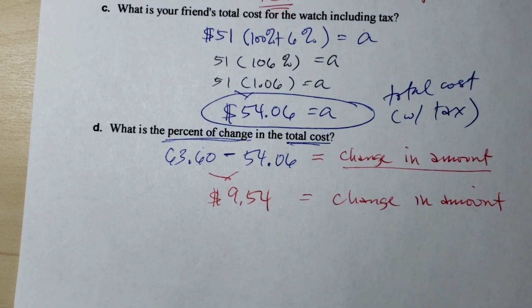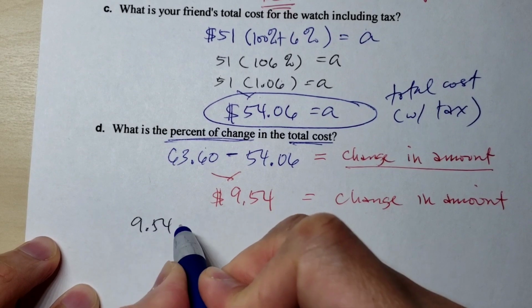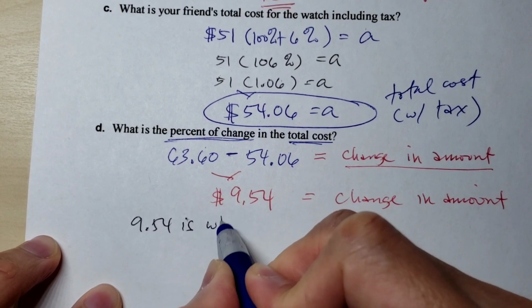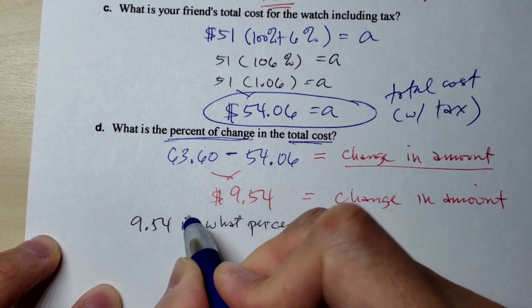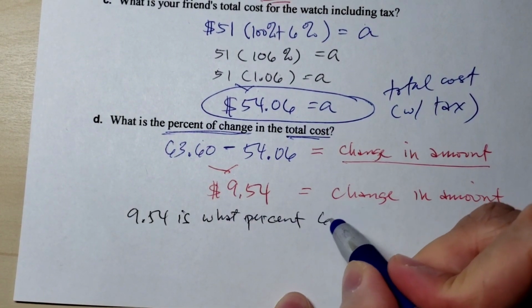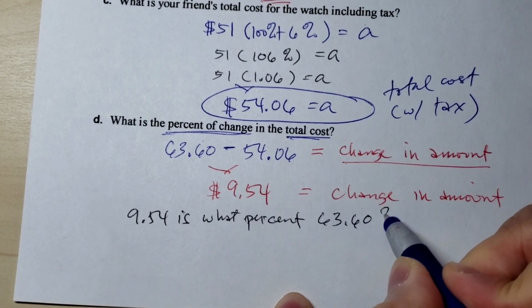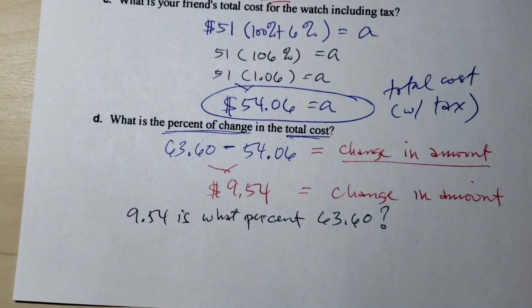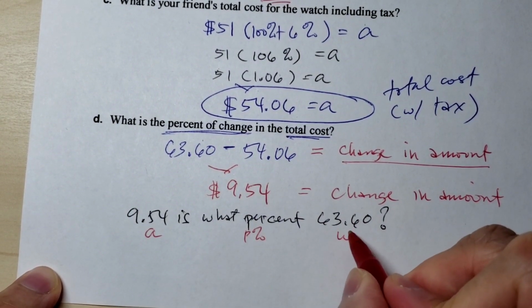Okay. Now, the same question. $9.54 is what percent? Okay. It's the change. So it's what percent of the original total cost. So this is our A, this is our percent, and this is our whole.